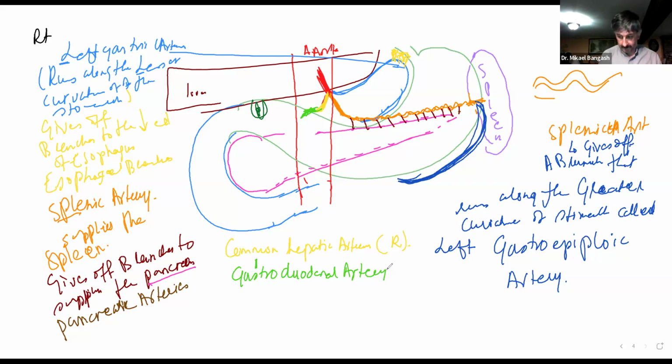Now this gastroduodenal artery is going to give off two branches.